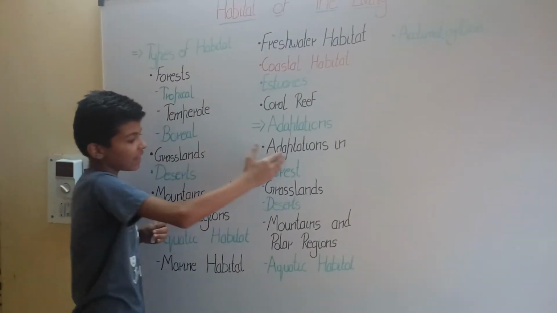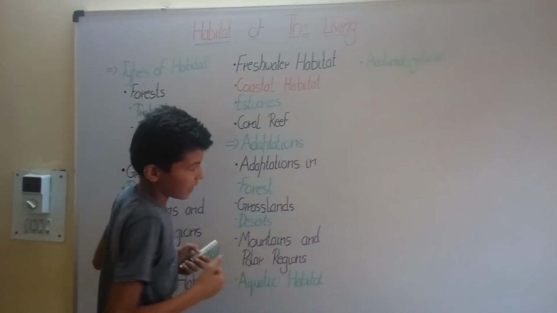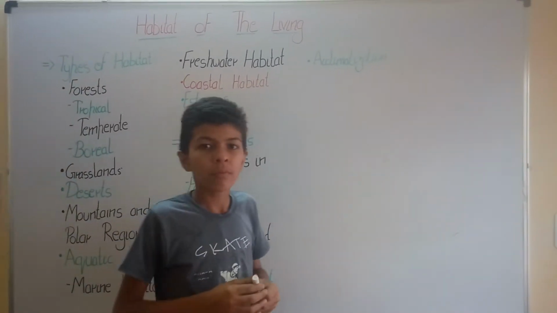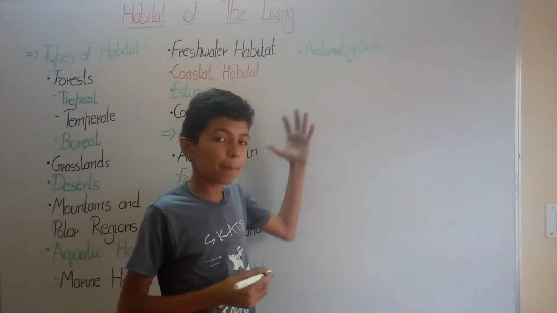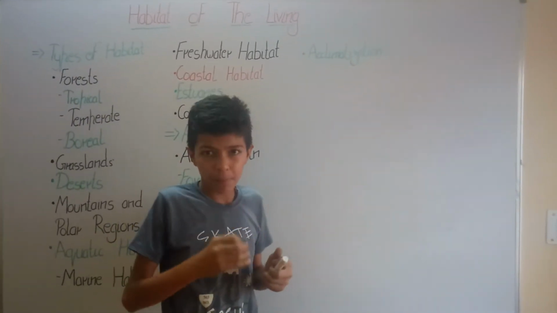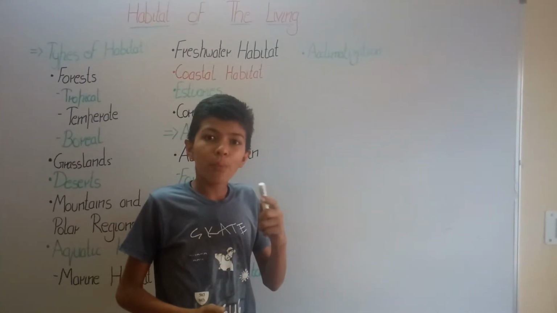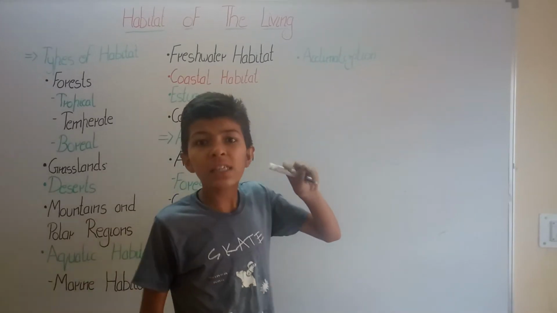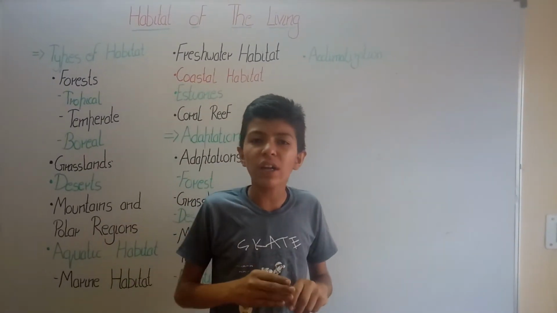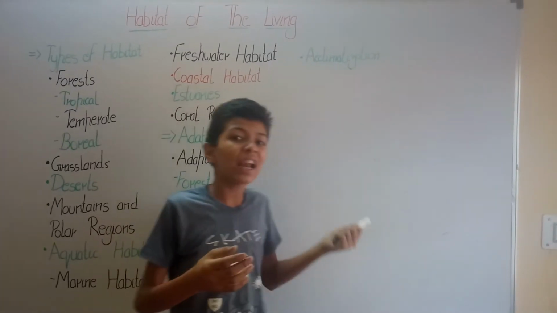Then we have the adaptation in an aquatic habitat. What is an adaptation in an aquatic habitat? In plants, plants have an air chamber in which air is trapped. So the air density is lesser than water, so it floats on the water. That's why a water lily floats.